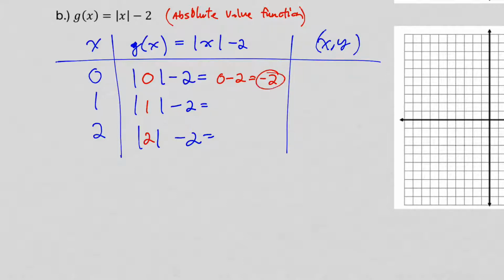So you go ahead and start calculating, and you say, well, that's 0 minus 2, which is negative 2. And then you get 1 minus 2 here, which is just negative 1. And you do the same thing for this one. It's just 2 minus 2, which is 0.